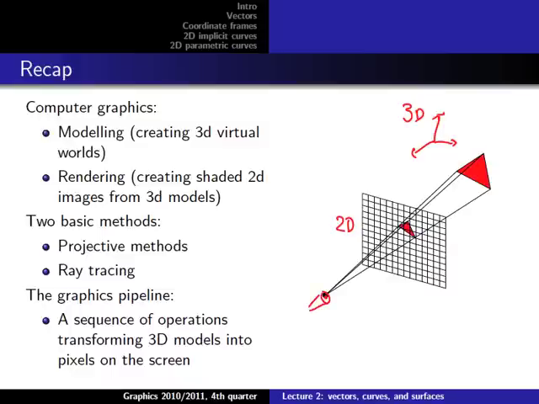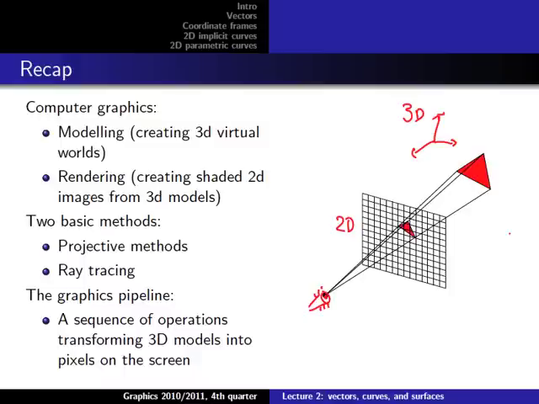This is our user who sits in front of the computer, and this is either the whole computer screen or a window on the screen where we want to put our graphic. We project the 3D world onto the 2D screen, so we know which pixels we have to color, and then we do the shading to get the information about what color to put into that pixel. This process is the projection.